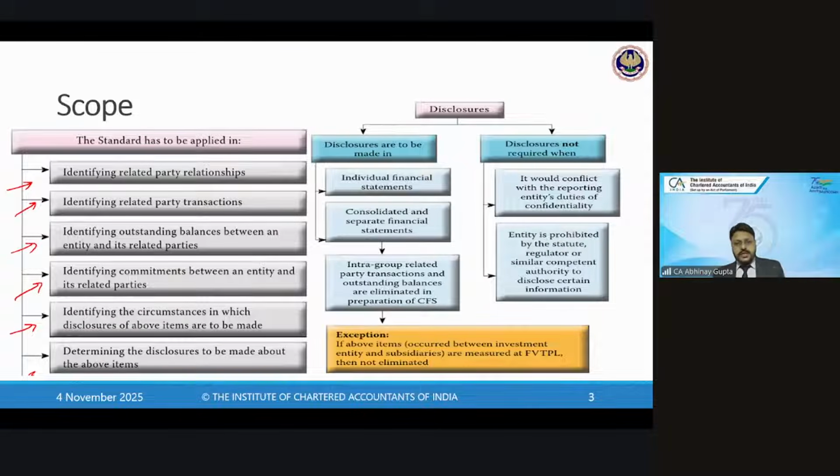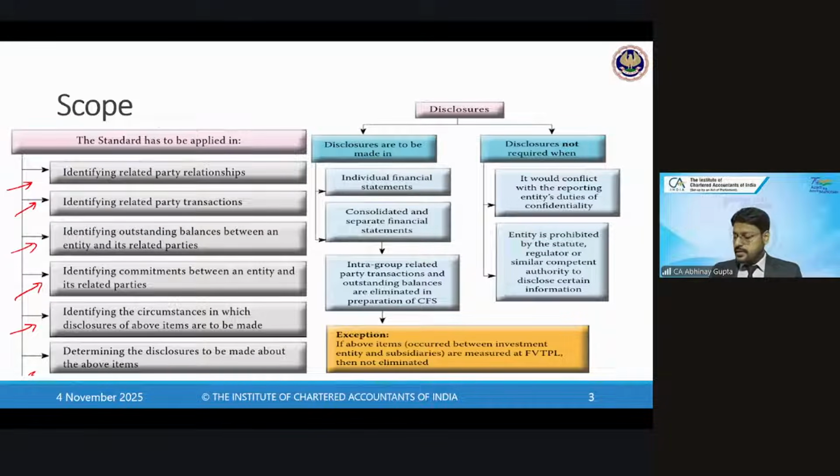So there are certain disclosures which the standard requires. So we have to ensure, using a checklist, that all the disclosures which are required by this standard are duly made in our financials, right? So this is the scope. Now the standard says disclosure is to be made in standalone financial, separate financial statement, or the consolidated. What do you think? Where do we need to disclose the related party disclosures?